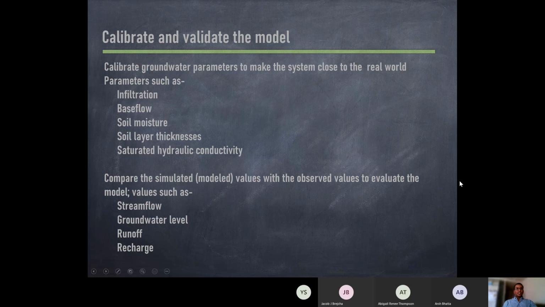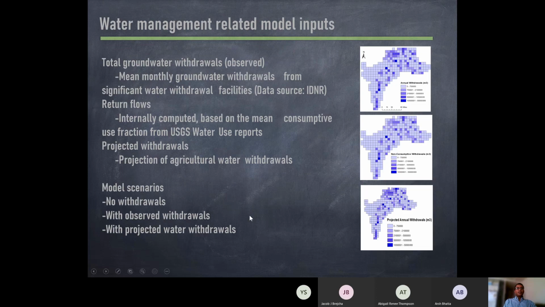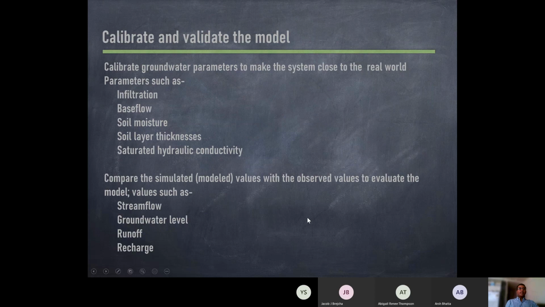So I touched on a bit. What I said is, when I use the observed withdrawal information, then I need to calibrate the model. By that I mean some of the parameters.